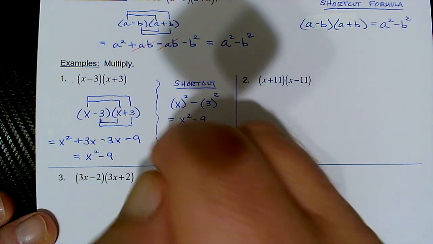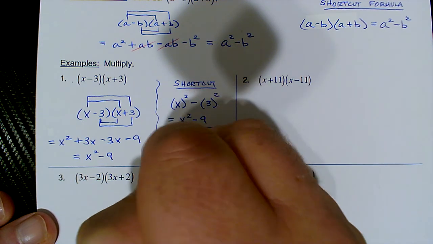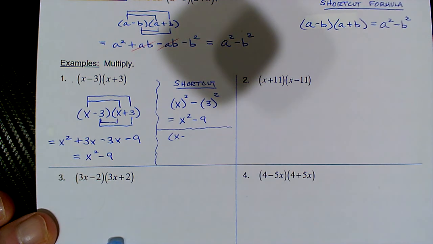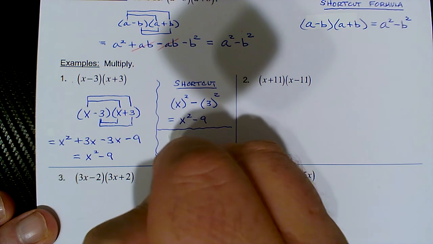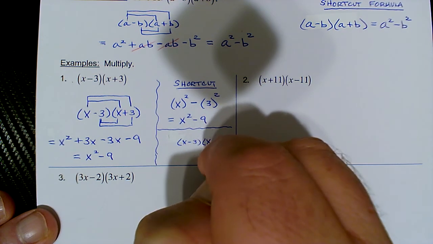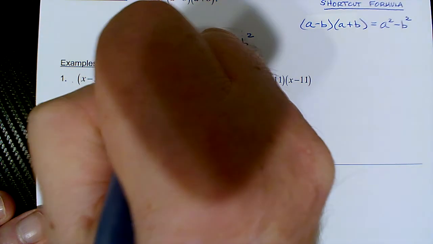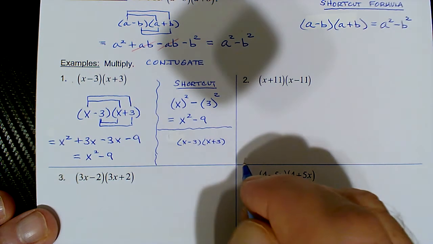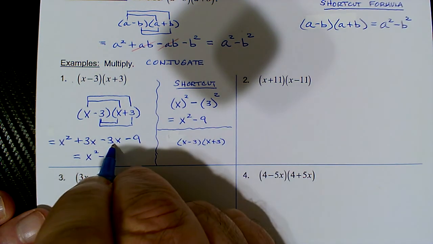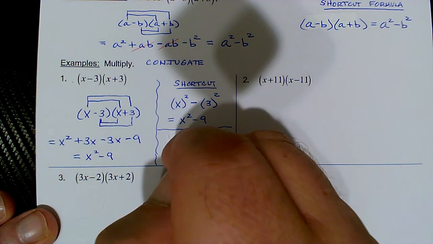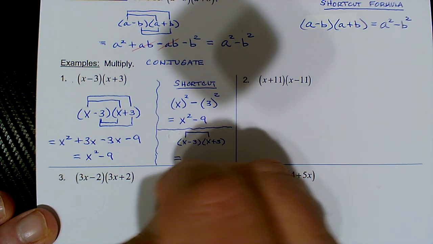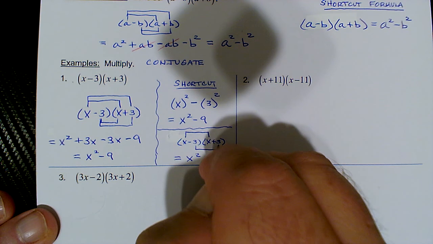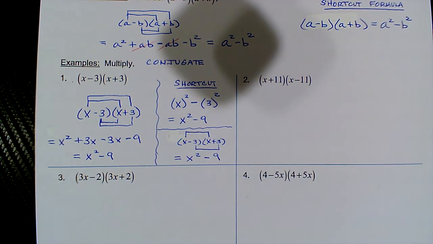And then you can see we get the x squared minus 9 that way. And then even a third way to do this is that if you recognize the fact that it is this special case of a binomial times, again, the word is conjugate, then knowing that the outer and the inner terms always cancel each other, you could just take the product of the first to get x squared and the product of the last to get your negative 9, because you know the inners and the outers always will cancel.